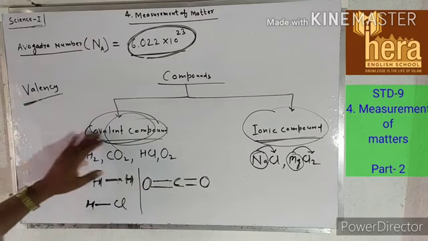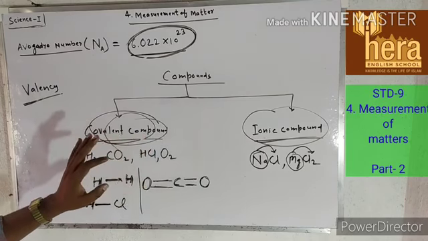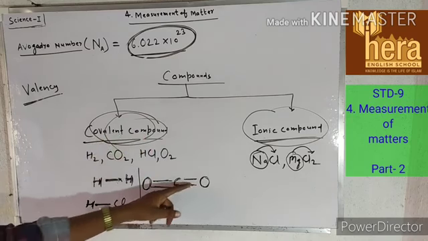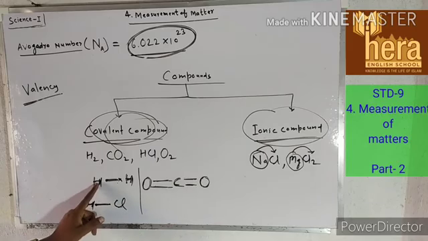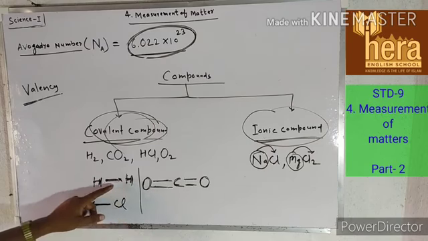See, number of chemical bonds for covalent. What is valency for covalent compounds? So you will define: it is the number of chemical bonds formed by one atom of an element with other atoms. That is called valency.